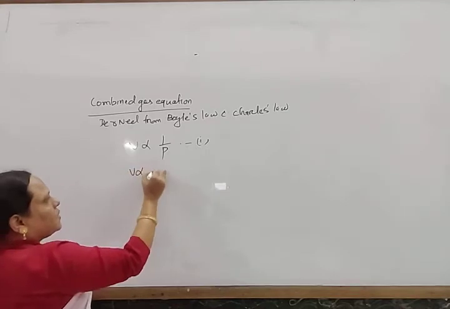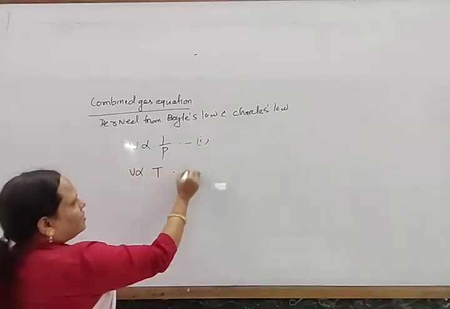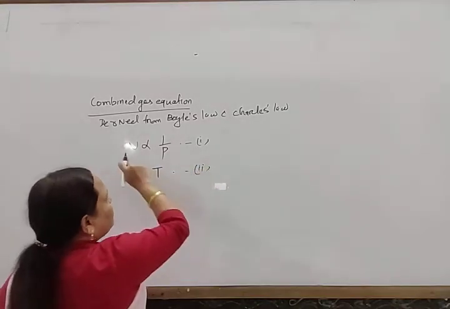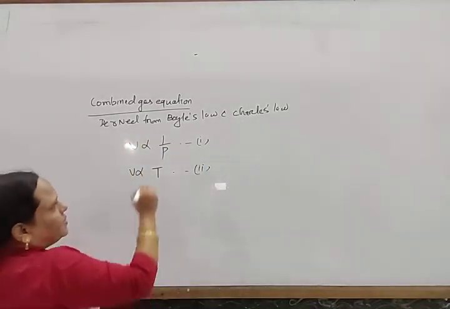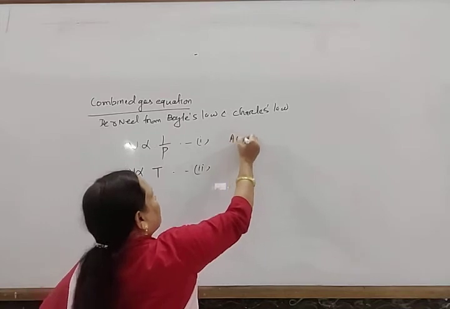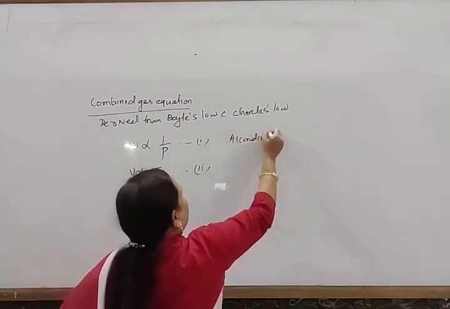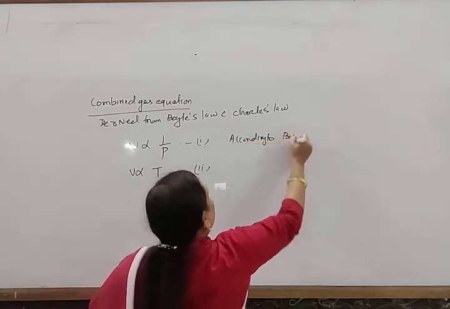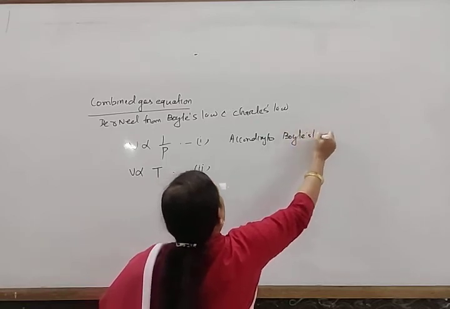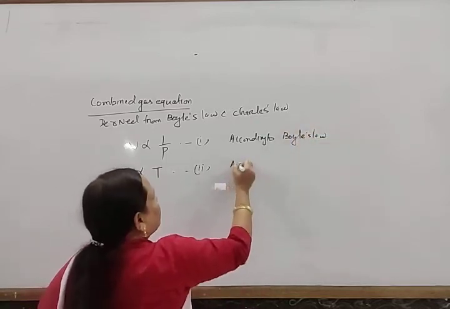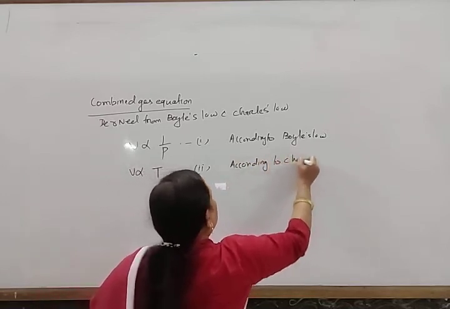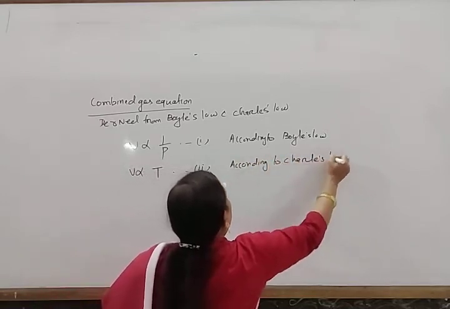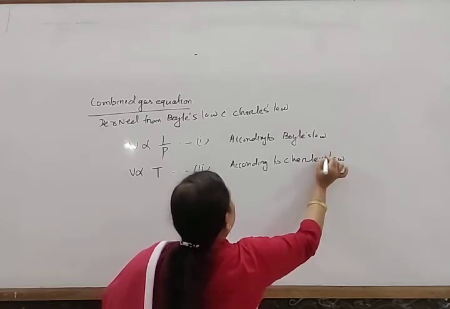And V is proportional to T, that is according to equation 2. V is proportional to 1 by P according to Boyle's law, and V is proportional to T according to Charles' law.